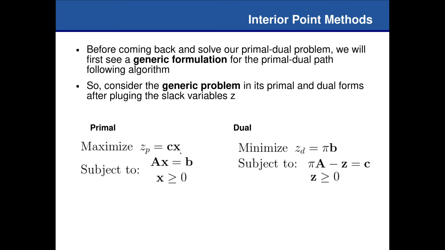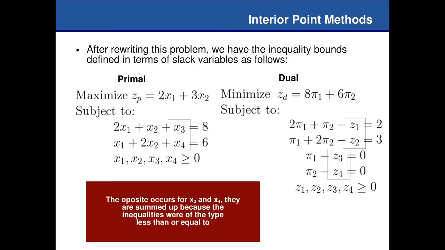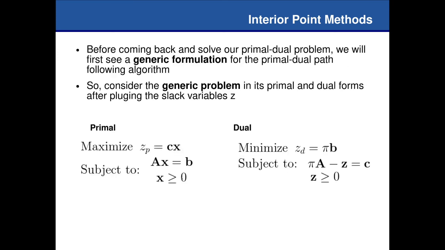Of course, here I'm just considering that C is a vector multiplied by X. C will have those coefficients as here, like 2 and 3 is going to be my C vector, and X1 and X2 is going to be my X vector here. Of course, here we'll have also X3 and X4.